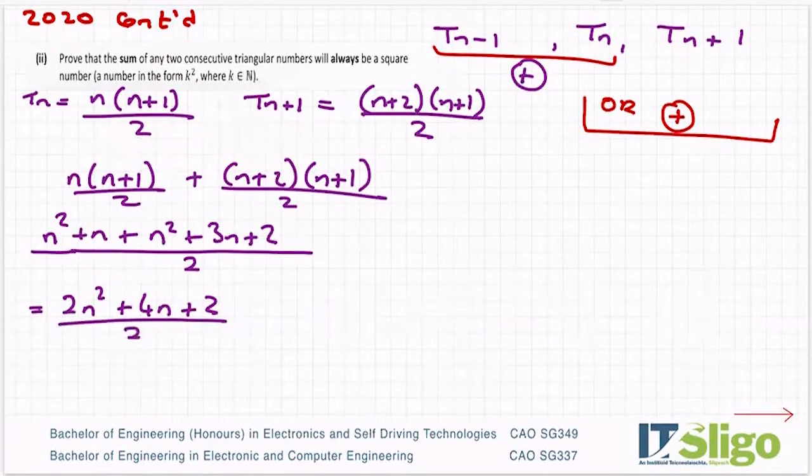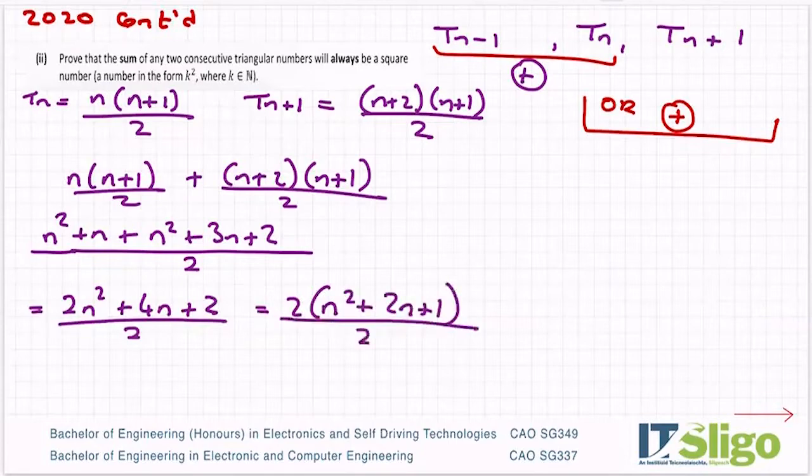Did I do that right? 2n squared, yeah. So I'm going to factor out 2 at the top. Do you see it's common? Always good to factorize, all over 2. The 2s will cancel. Now I have n squared plus 2n plus 1, and I don't actually even need the brackets in that.